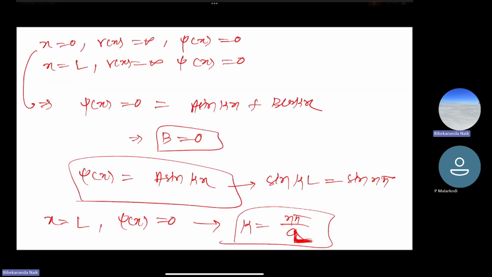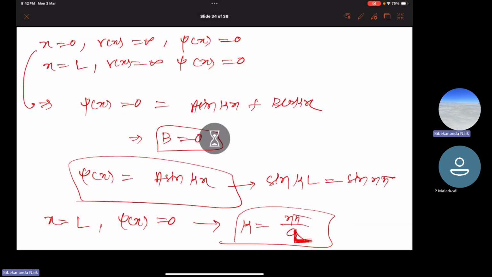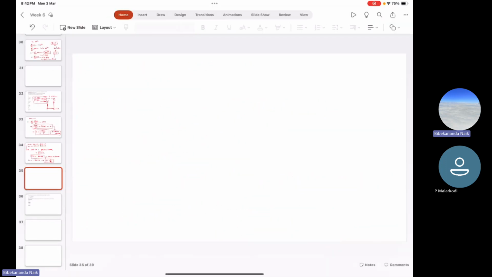And if we talk about the energy, the energy of a particle is given as E equals p square by 2m, because there is no potential energy, so total energy is equal to kinetic energy. p square is nothing but h cross square k square, so E equals h cross square k square by 2m.